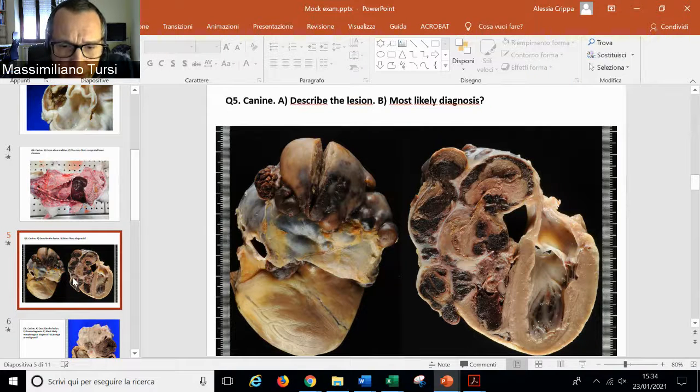It's also not a typical presentation of chemodectoma, because for chemodectoma there is not so much reddish discoloration.